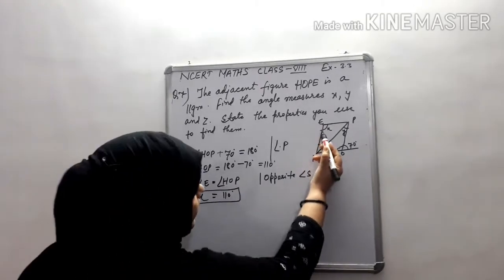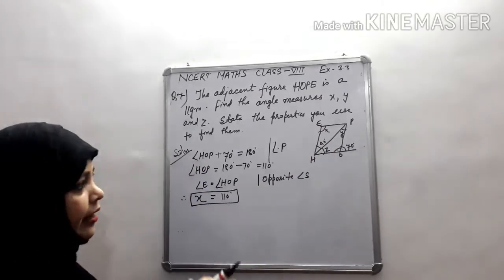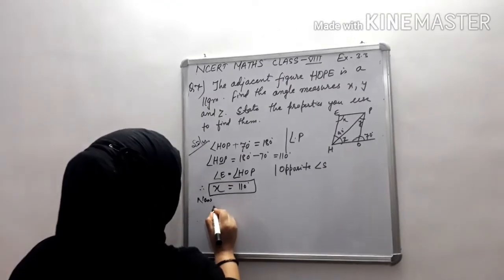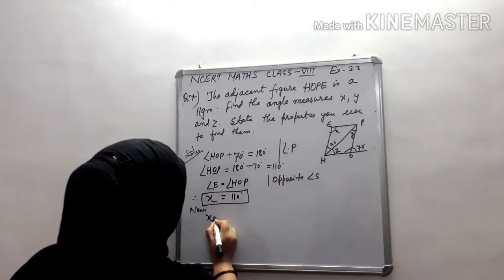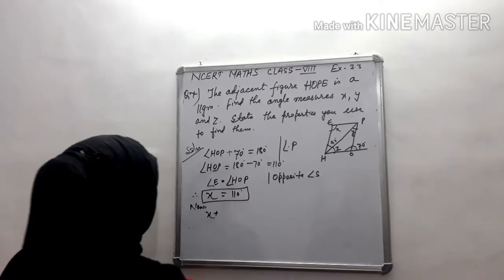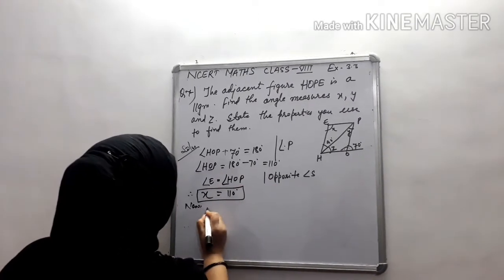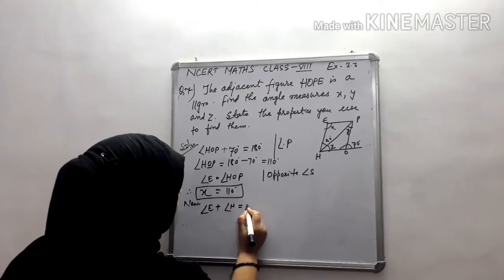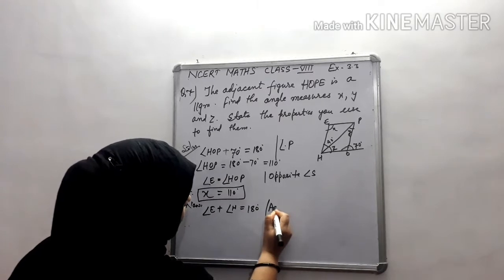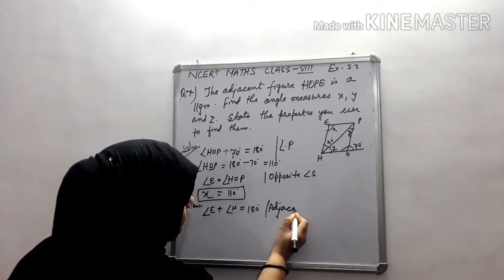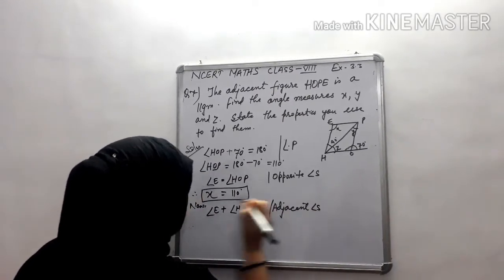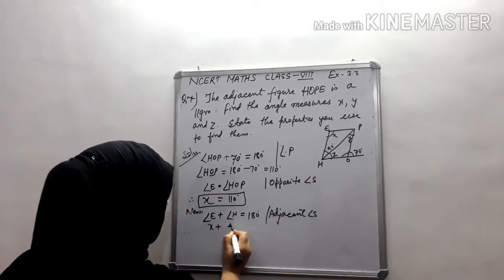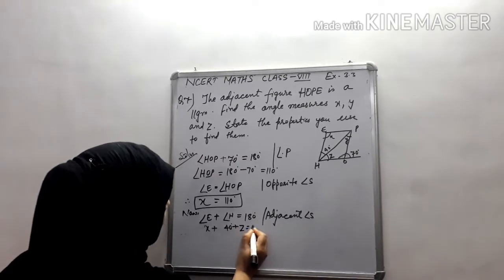Now, angle E plus angle H. These are adjacent angles. Now we will do: x means angle E. Angle E plus angle H is equal to 180 degree. How? Which property is being used here? Adjacent angles are supplementary. What is the value of E? X. X plus 40 degree plus Z is equal to 180 degree.